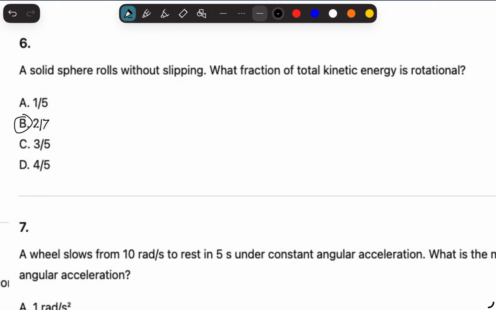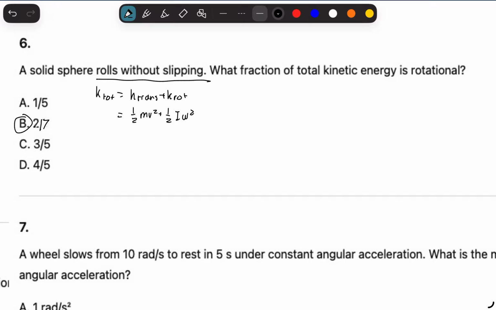So our total kinetic energy here, we have rolling without slipping. So that means you have both translational kinetic energy and rotational. So here you're going to write that out. (1/2 I omega squared).